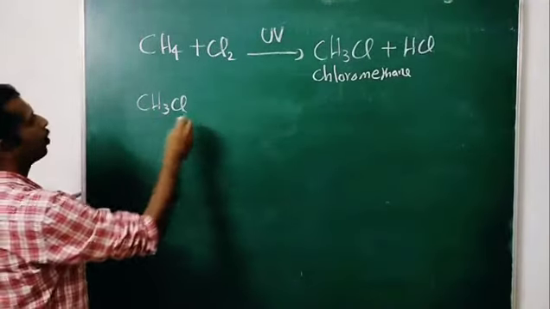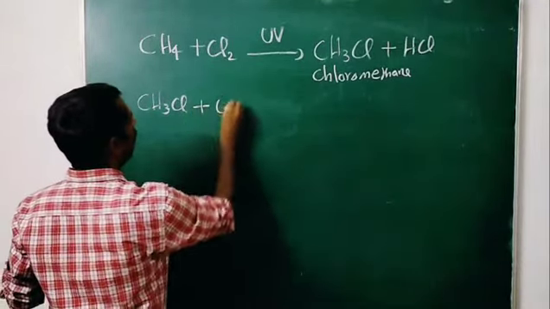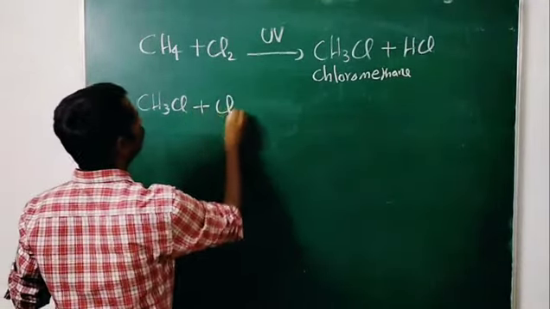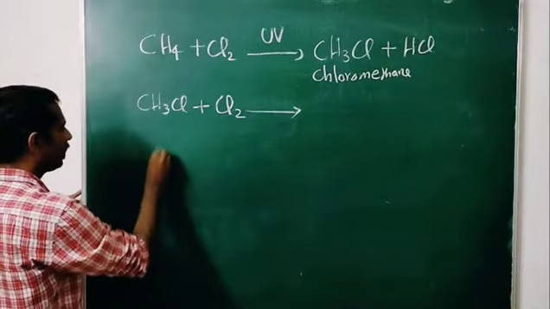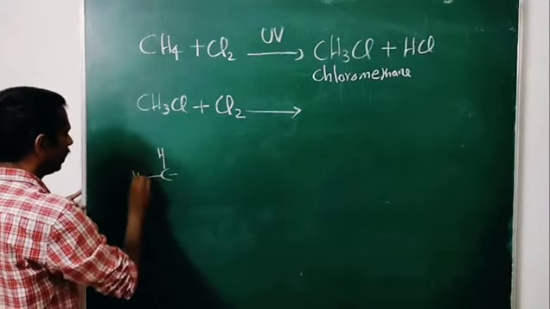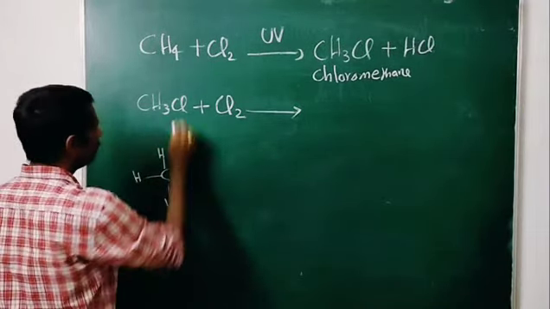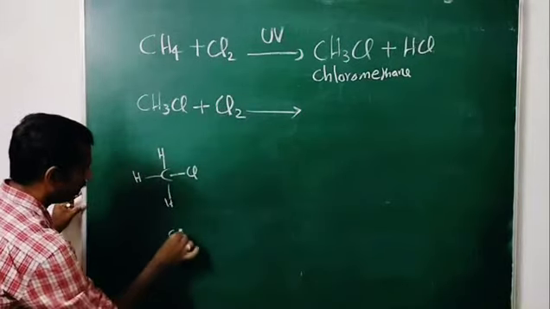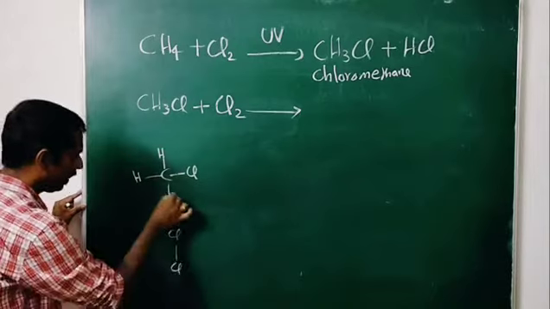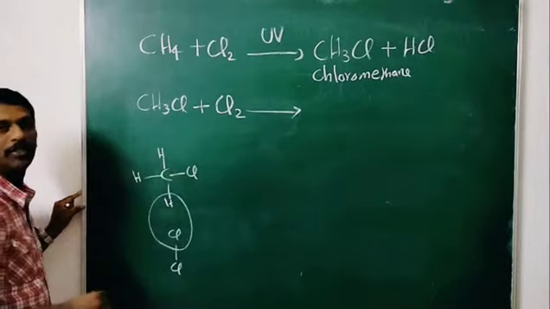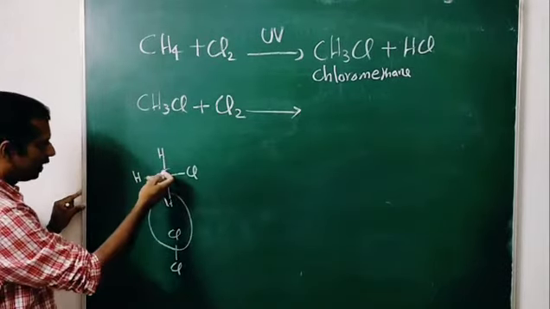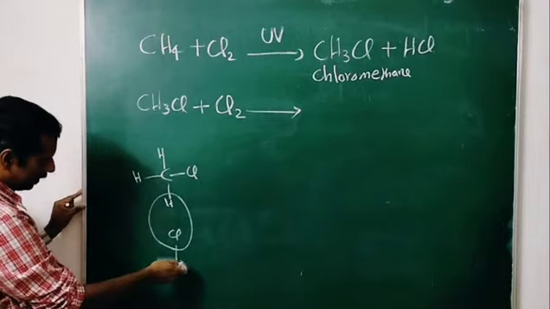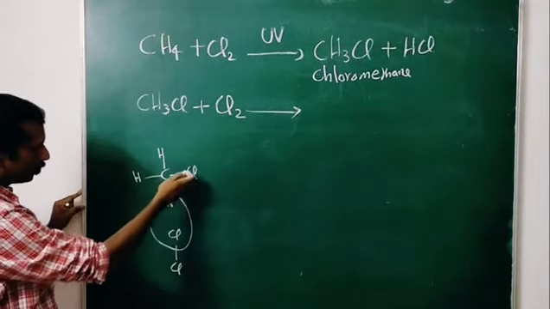Now this chloromethane will react with another molecule of Cl2. CH3Cl plus Cl2, and again HCl is eliminated.